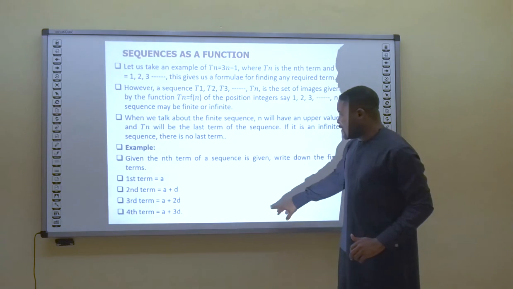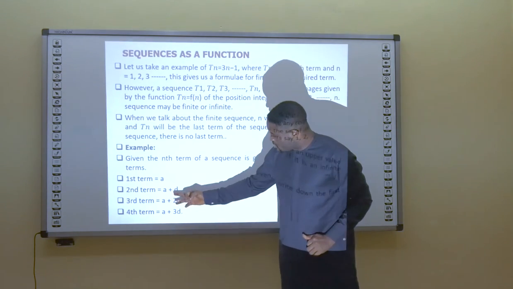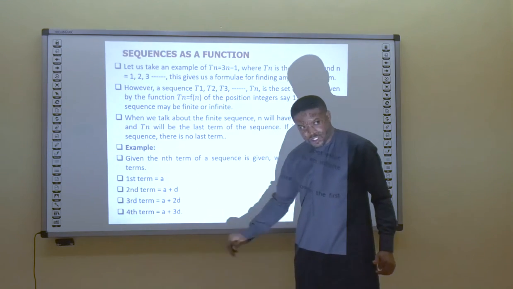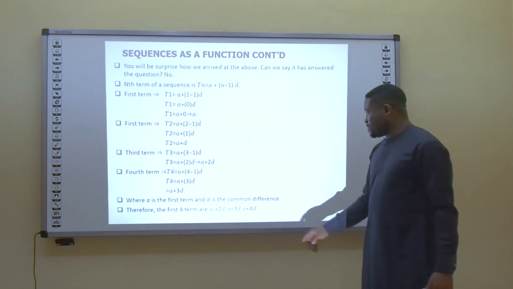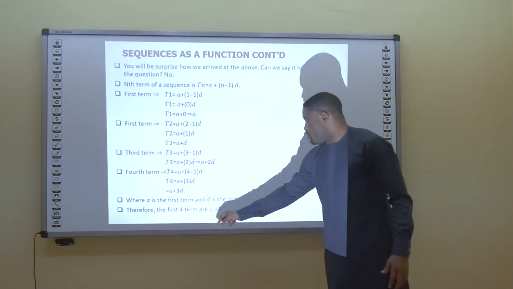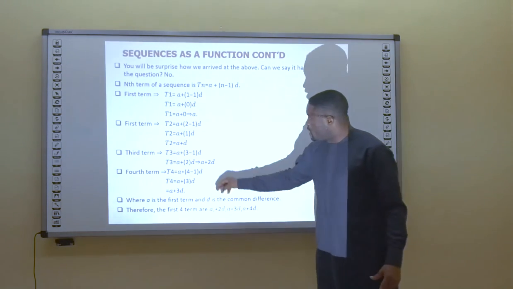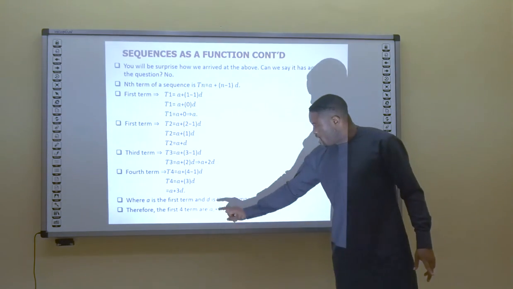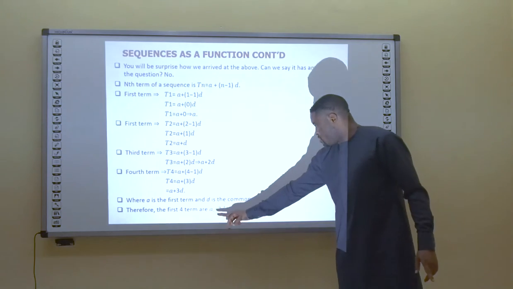If you look at this equation, the common difference here is 1. The difference between 1 and 2 is 1, the difference between 2 and 3 is 1. So that's why we have the common difference. Therefore, the first 4 terms would be this, and this, meaning that we will have A plus A bracket.